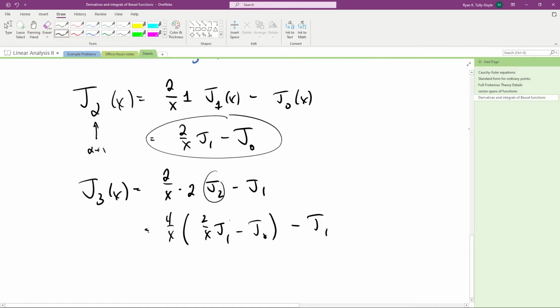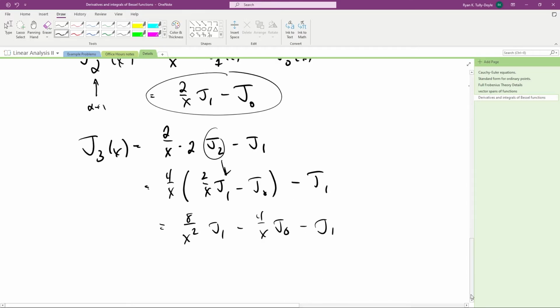I've just replaced J2 with what it's equal to, and that gets us 8 over x squared J1 minus 4 over x J0 minus J1, which you can rearrange into 8 over x squared minus 1 J1 minus 4 over x J0.